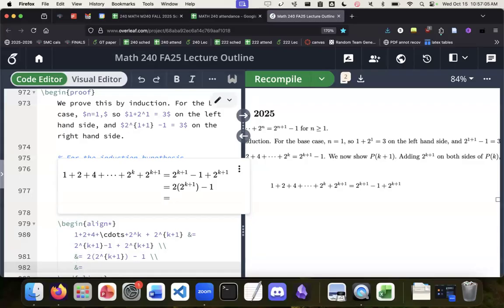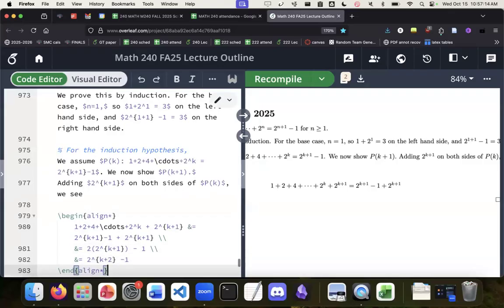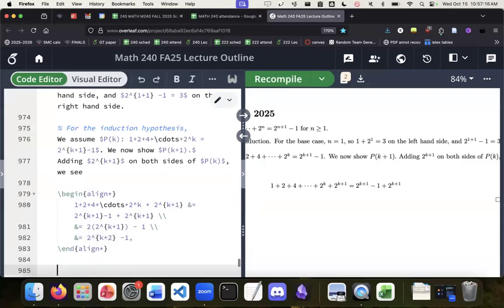So 1 plus k plus 1 is 2 to the k plus 2. That should be a 2 minus 1. And then I'm going to end it with, like, I could say as desired, or I could say which is the form of P of k plus 1.